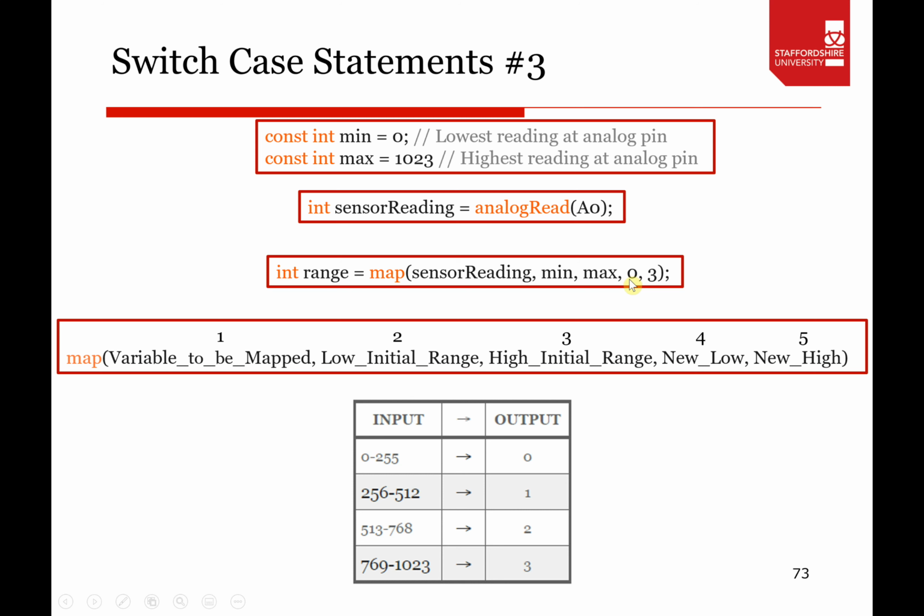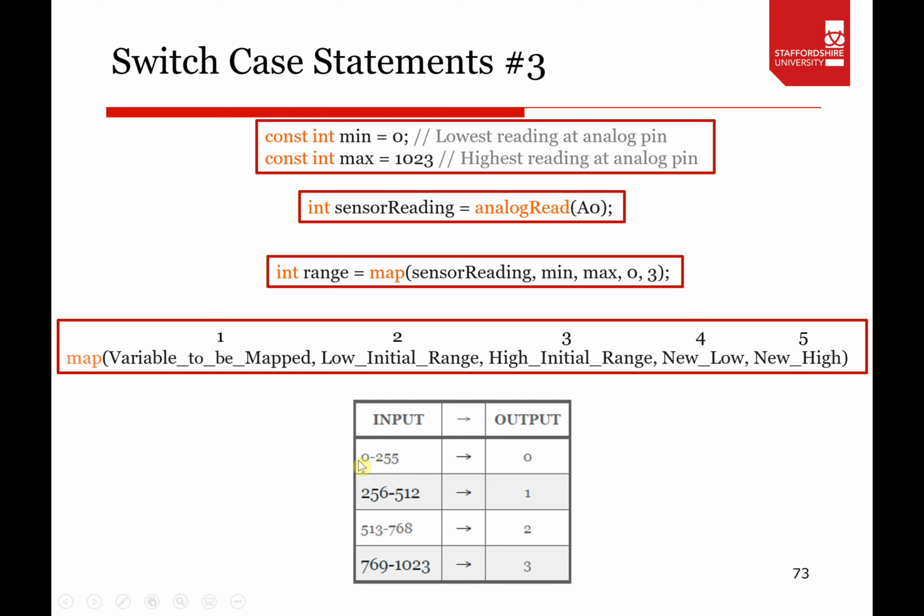So here we've got the minimum value that we want to be mapped to and the maximum value we want to be mapped to. Here we've got an extra value. We've got 1 to 5 rather than 0 to 3 as I've got in this example.